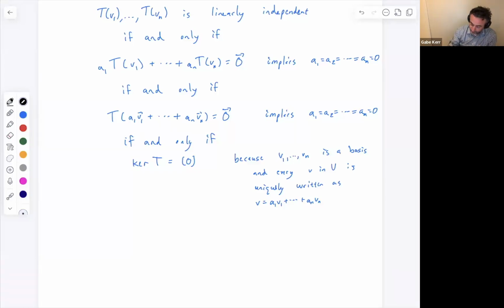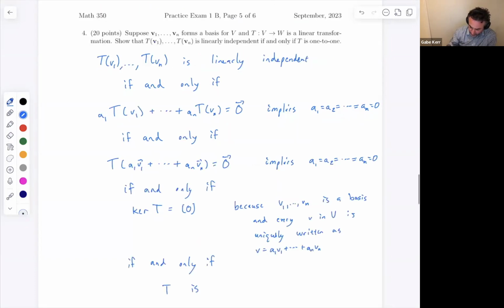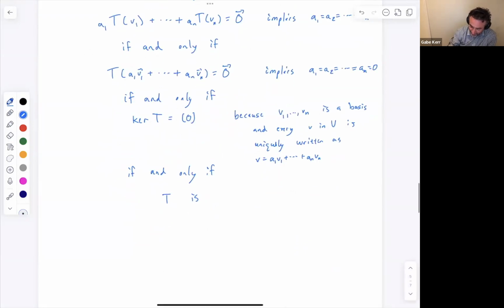But the kernel of T equaling 0 is true if and only if T is 1-to-1. That's what I'm being asked to show you. Good. I think that's where I was headed.